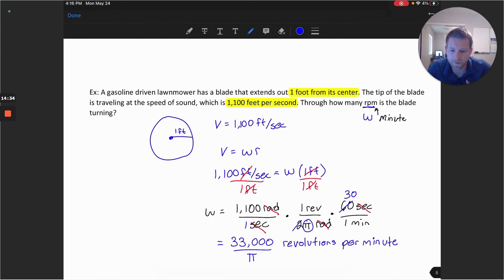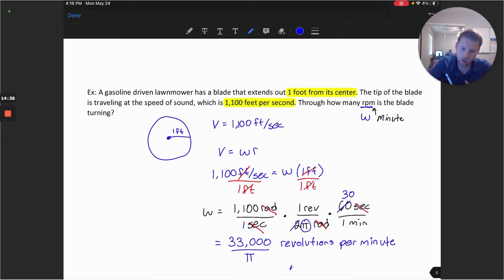If you put this in your calculator, this will be approximately 10,504 RPMs. So this brings our linear velocity all the way back to revolutions per minute if we're called to do that.